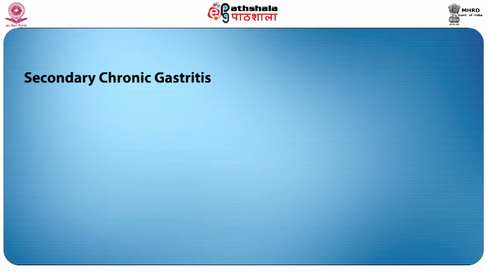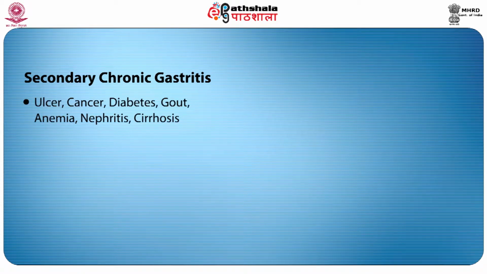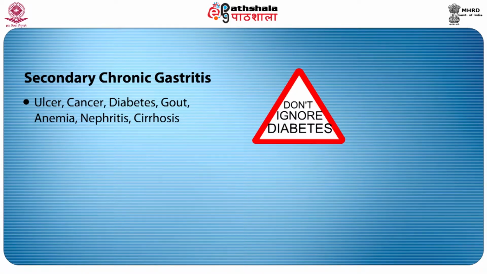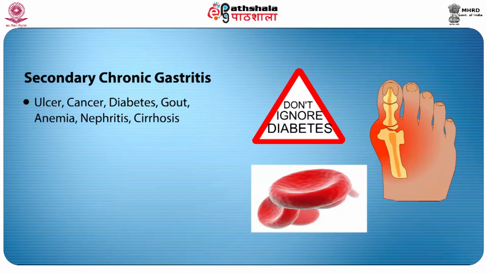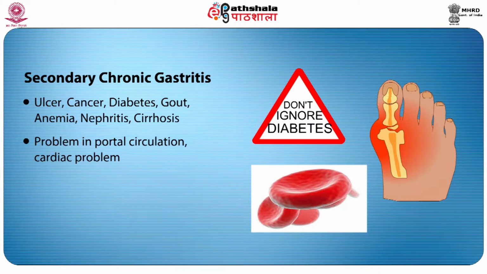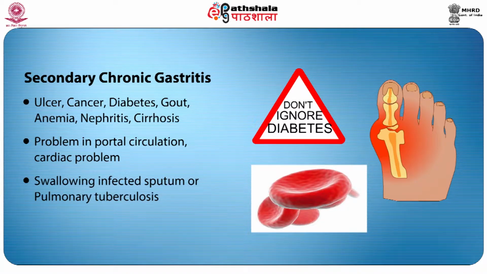But secondary chronic gastritis may occur if an individual is affected by other existing diseases like ulcer, cancer, diabetes, gout, anemia, nephritis, cirrhosis, problem in portal circulation, cardiac problem, swallowing infected sputum or pulmonary tuberculosis. Thus, inflammation is formed due to other diseases in secondary chronic gastritis.